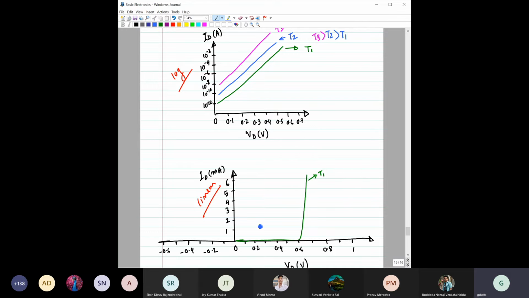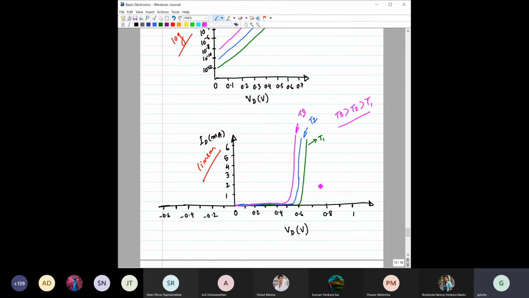For T2 we have used this blue color, so we should take it as T2, and for T3, okay.